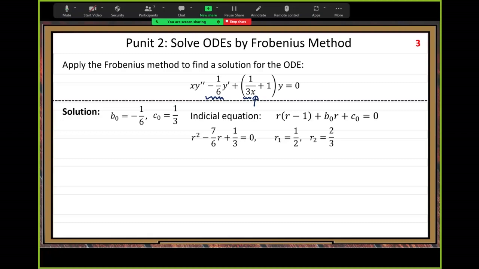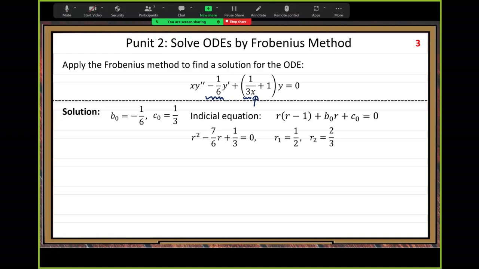For case 1 of the Frobenius method, first, I want these two roots both non-integers. Second, their difference is also a non-integer. That's our case 1.